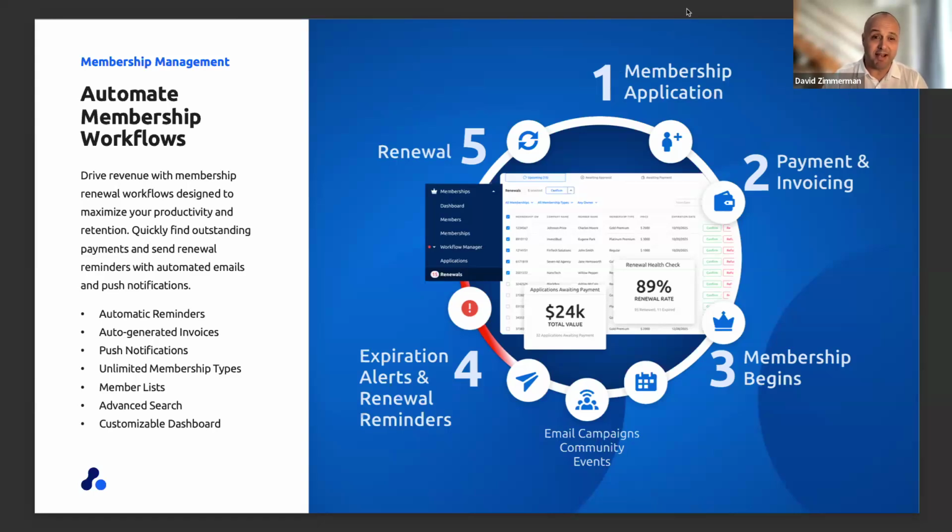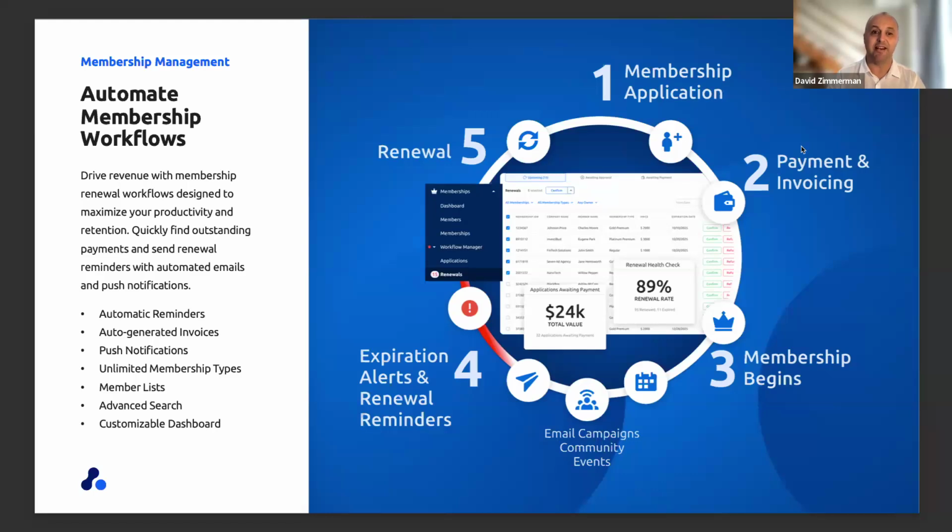So members will apply via your website. Once they've applied, you'll be able to approve their membership or not based on your requirements. And then the system will automatically generate an invoice on your invoicing template and send it to the member. It will also include in that email a payment link. If you've got a payment gateway set up within the platform as well, they'll be able to pay online.